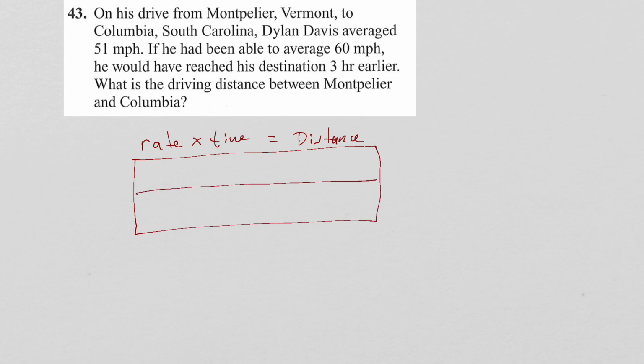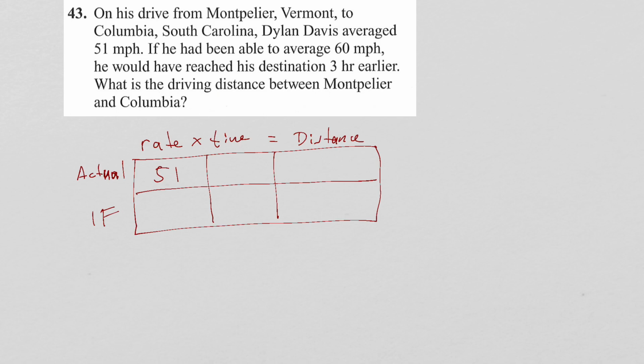And we're talking about an actual trip and an if he did this trip. Okay? Actual. Okay. Now, it says that he actually averaged 51 miles per hour.